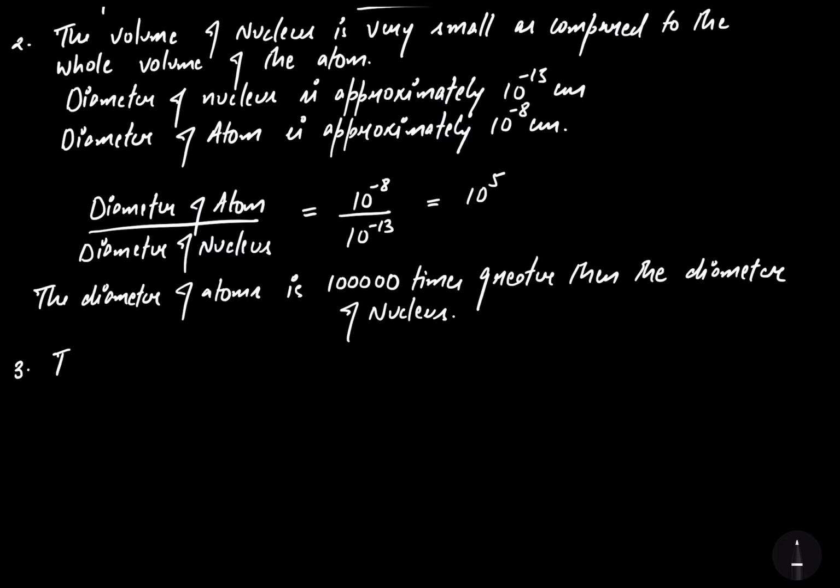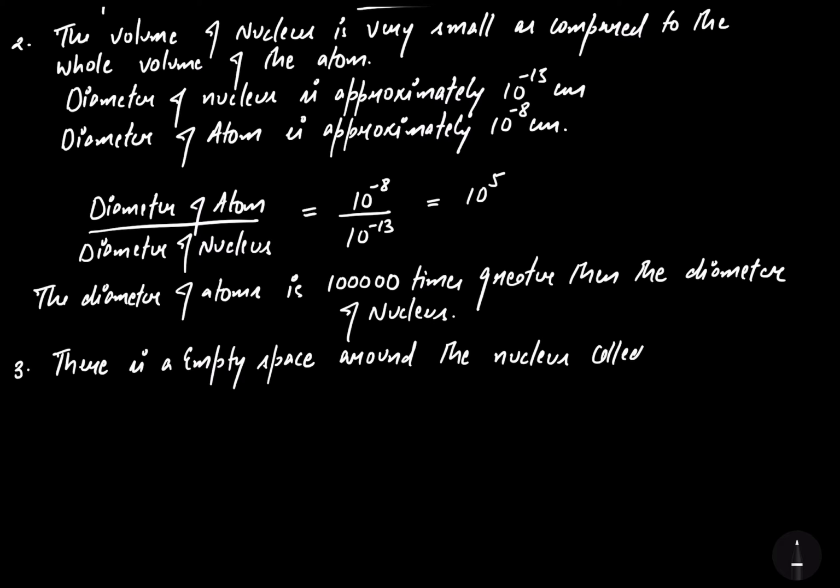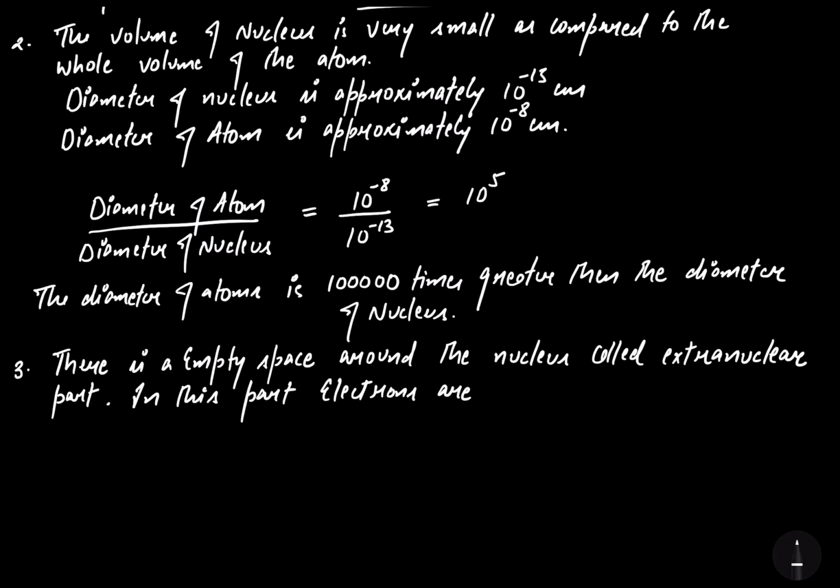So I'm writing: there is empty space around the nucleus, called the extranuclear part. In this part, electrons are present.